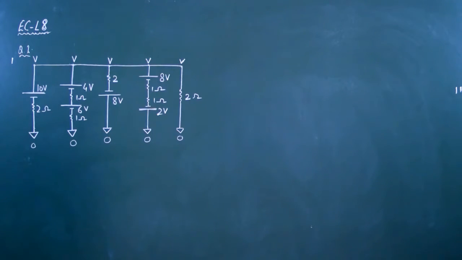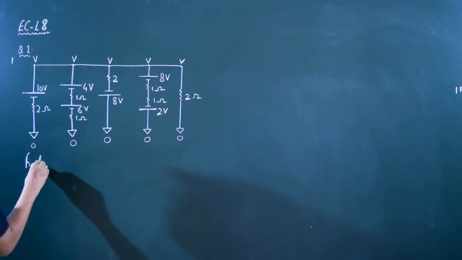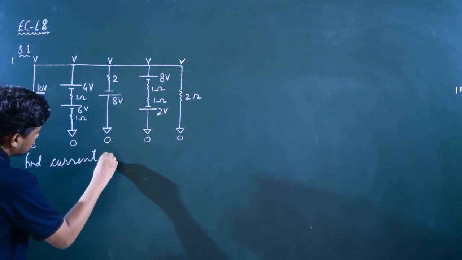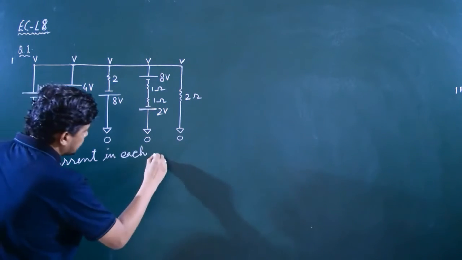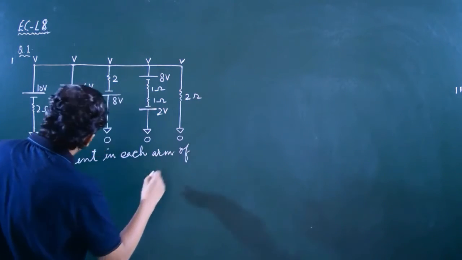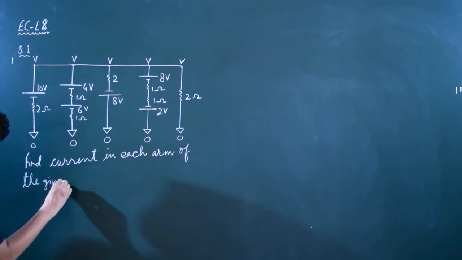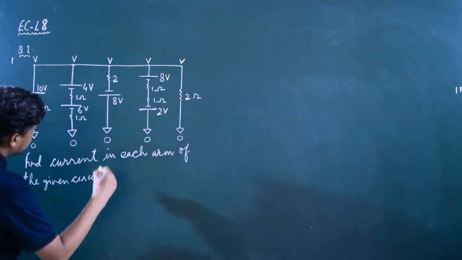What we have to get? Find current in each arm of the given circuit.